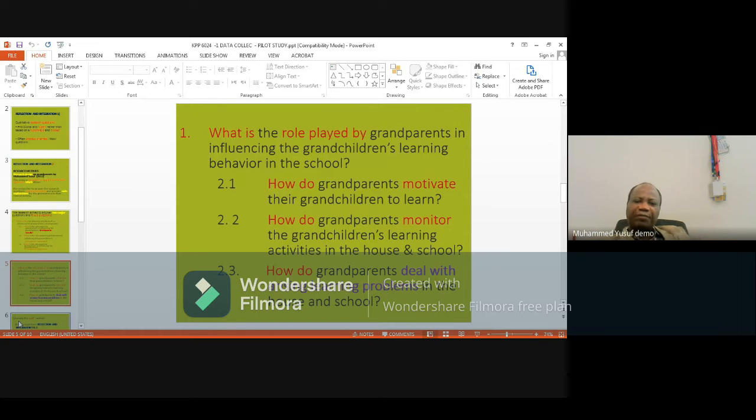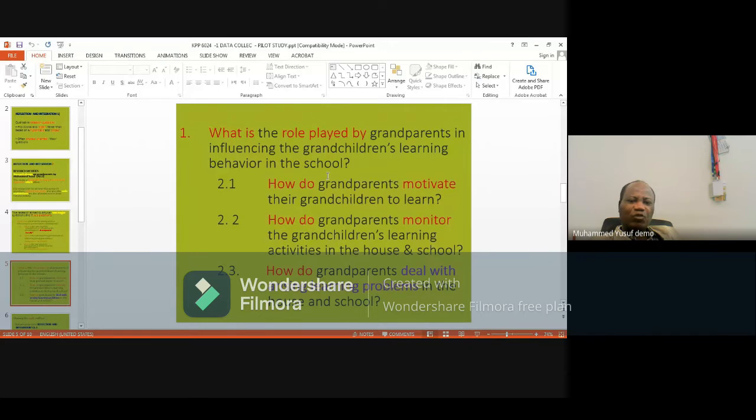We want to see how the grandparents contribute to the development of their children educationally. So as we learn in this classroom, when you have one component, let's say education, for example, as I have it here, we can see what aspect of education we want to explore.